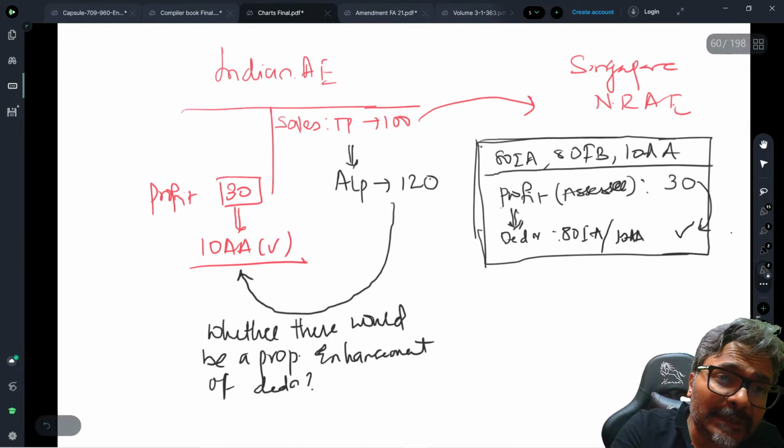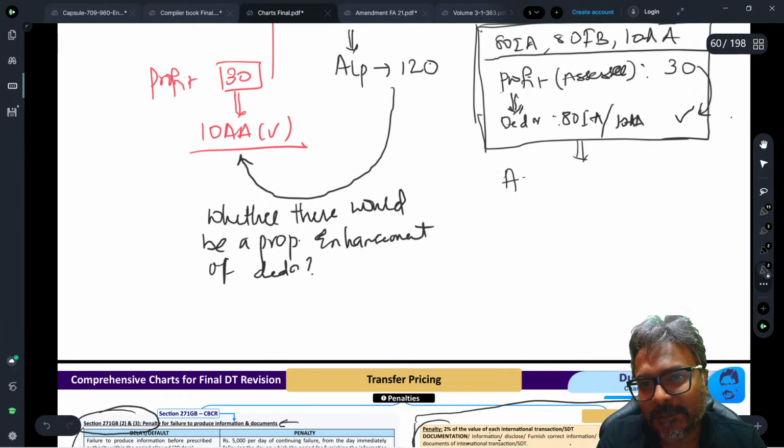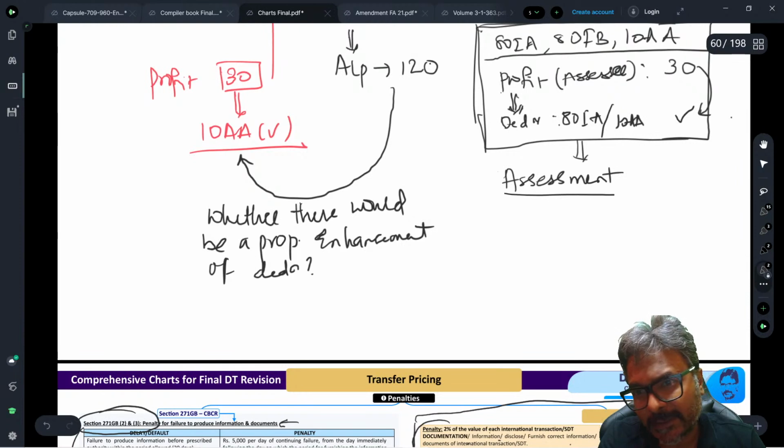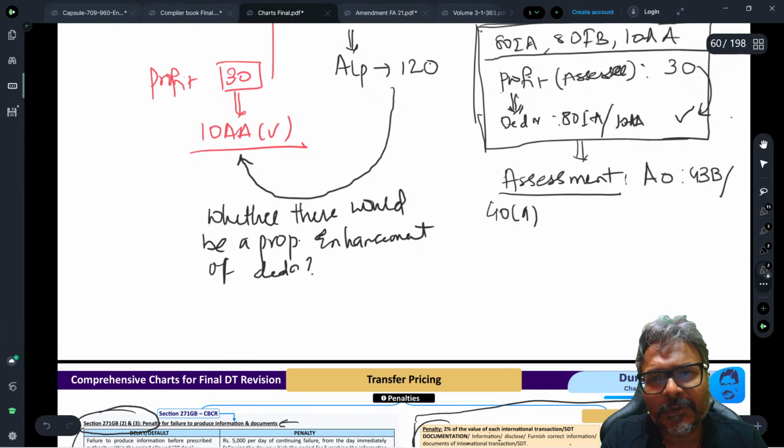Fine. Now what has happened, students, is this: in the course of the assessment, I'm just telling you, forget transfer pricing for the time being and just think of it. In the course of assessment, the AO, say he has applied 43B, that is the deduction on payment basis, or the TDS provision of 40(a)(ia).